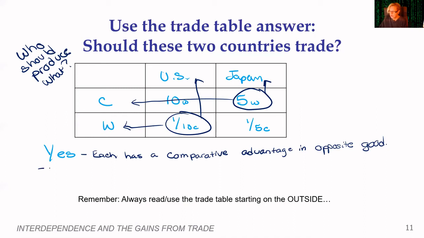So here, Japan should produce computers and specialize in computers. The US should produce wheat and specialize in wheat. And again, we can just see that from the trade table by looking who should produce what. Japan, follow it over, computers. US, follow it over, should produce wheat.